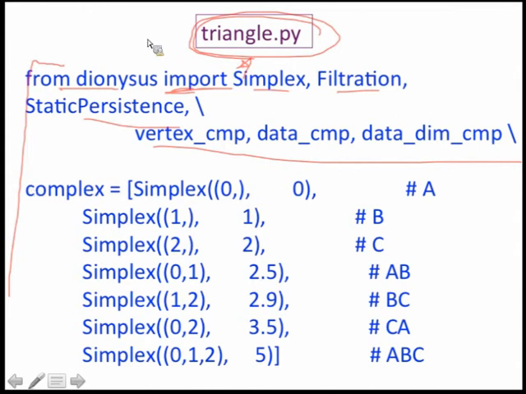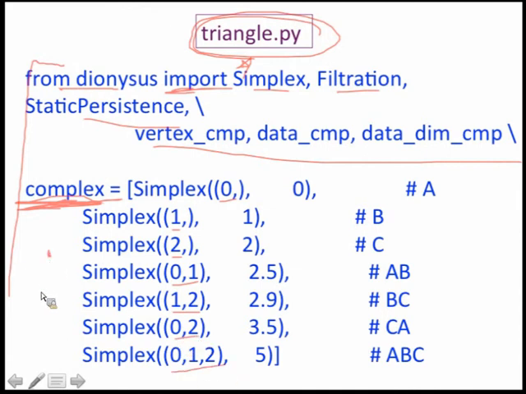And then in triangle.py, a simplicial complex actually is created, with many simplices making up an entire simplicial complex. And we can see how to create a simplex. We are going to create the vertices 0, 1, 2, the edges 0, 1, 1, 2, and 0, 2, and the face 0, 1, 2.